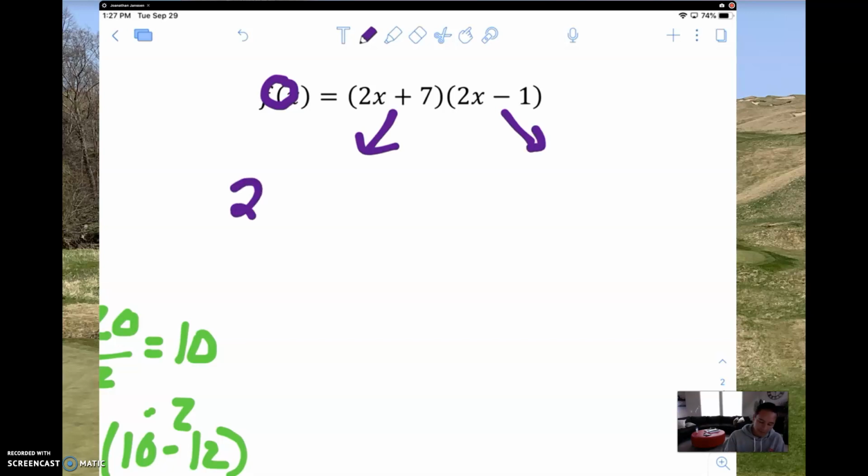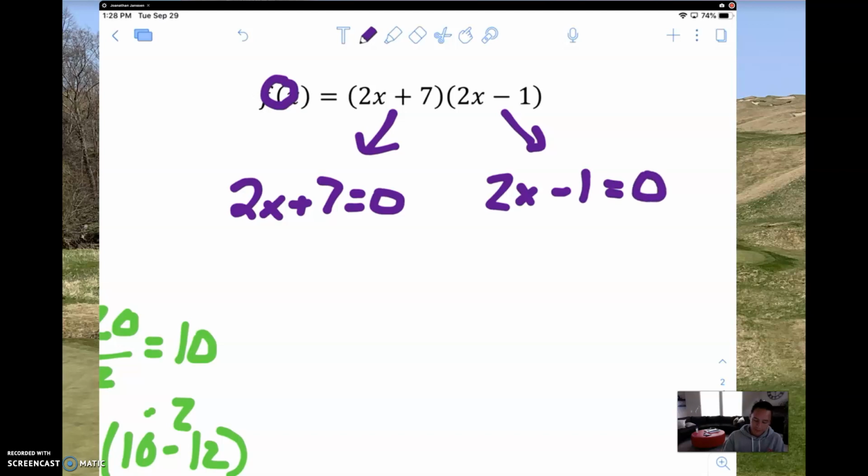So we have 2x plus 7 equals 0. And we have 2x minus 1 equals 0. To solve the one on the left side, we're going to subtract 7 from both sides and then divide by 2. So we get x equals negative 7 over 2. That's a negative 3.5. And on the right side, we're going to add 1 to both sides, and we're going to divide by 2.